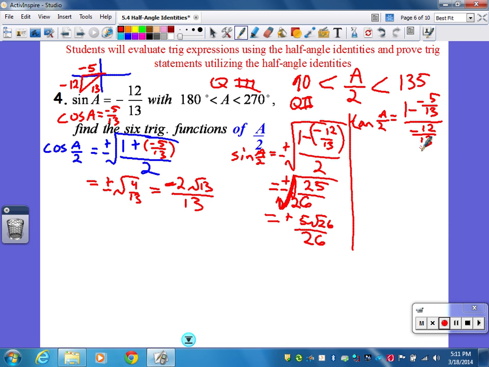And that reduces to 18 over 13 all over negative 12 over 13, which is equal to negative 3/2.